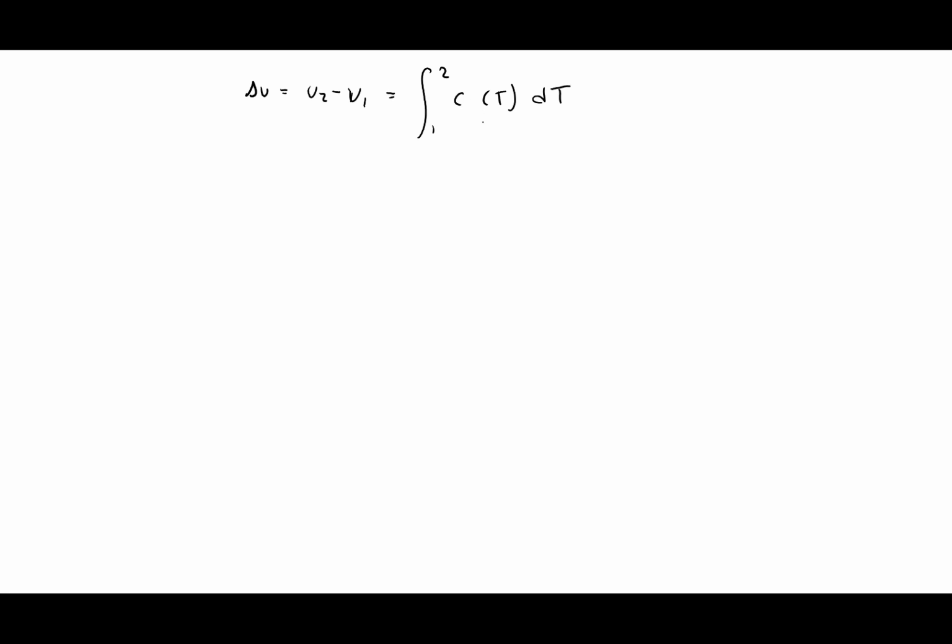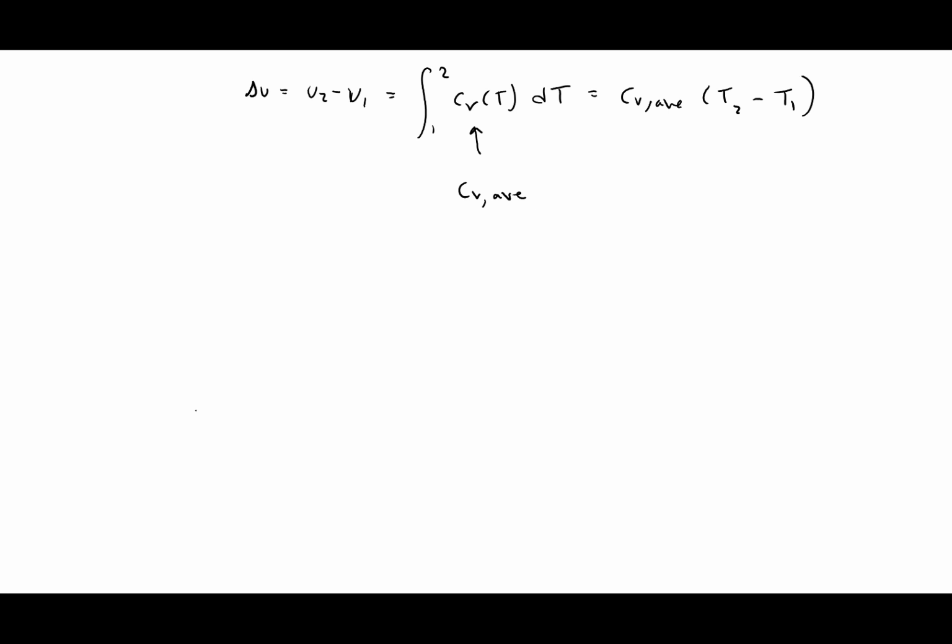So the other thing that we can do is we can use C sub V average. Remember, if we do that, C sub V average is a constant, so this becomes C sub V average times T2 minus T1.